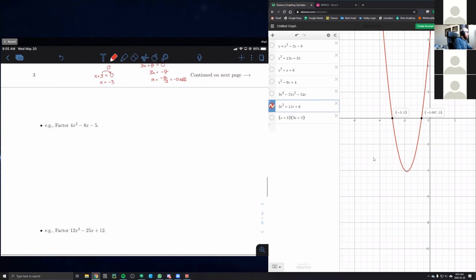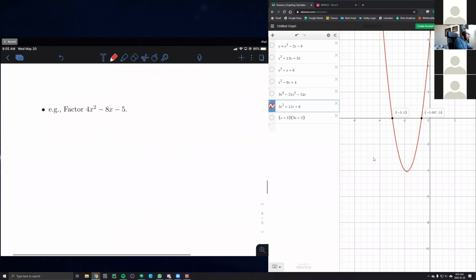Okay. So here we're trying to factor 4x squared minus 8x minus 5. So again, our job here is to find 2 numbers that multiply to give the first coefficient times the last coefficient, that also add to give the middle coefficient.